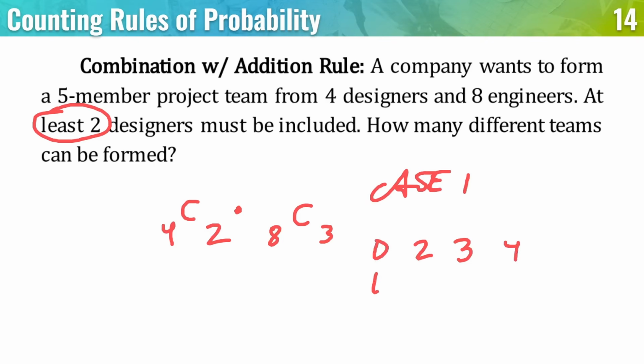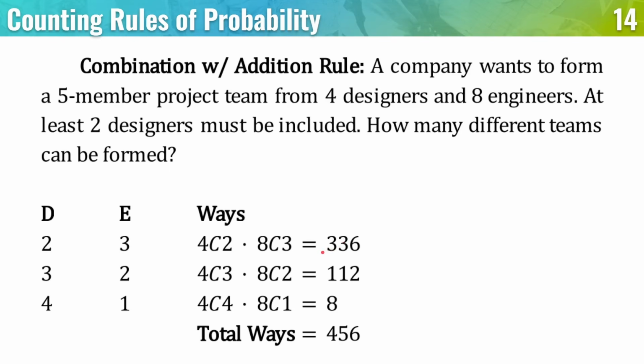That means the engineers could then be 3, 2, and then 1. They're actually all going towards the same answer. So in this scenario, we have to add them. So adding 4C2 times 8C3 with 4C3 times 8C2 plus 4C4 times 8C1, we get 456.